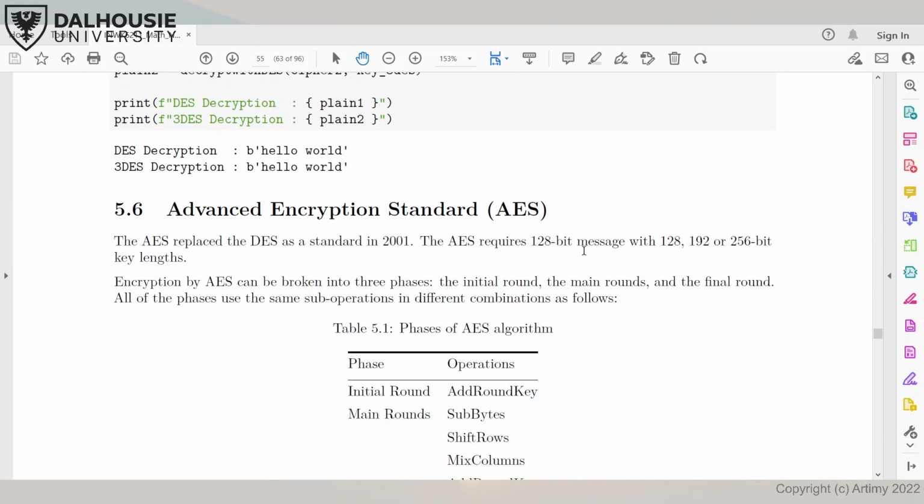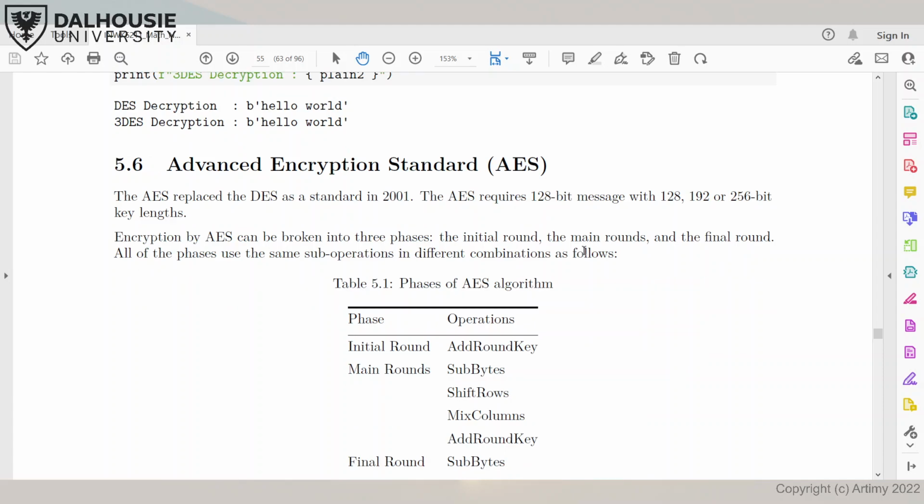Now, later, the US decided to abandon DES, or at least it's not the standard technique anymore. There was a competition, and many organizations and researchers proposed different schemes, and the one that won was the Advanced Encryption Standard, or AES.